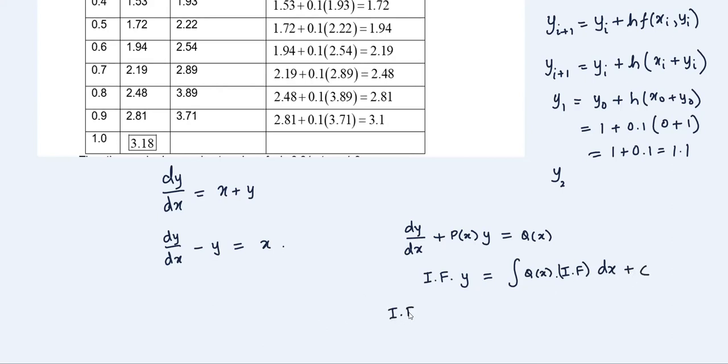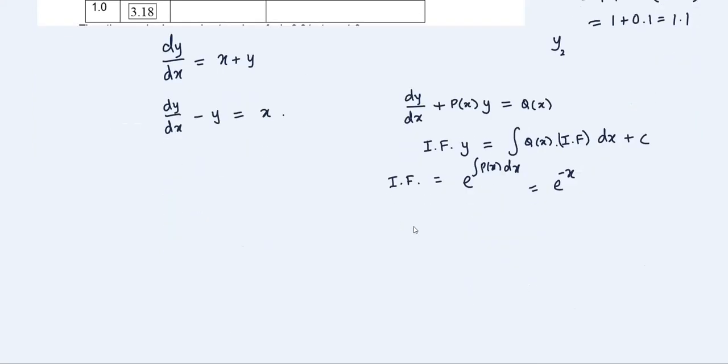What is the integrating factor here? e power integral p of x dx. Here p of x is -1. Integral of -1 dx is minus x. So integrating factor is e power minus x. So the solution is y times the integrating factor is integral of e power minus x times x dx plus c.